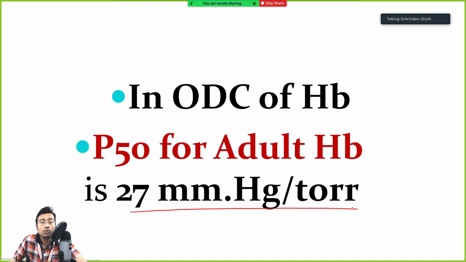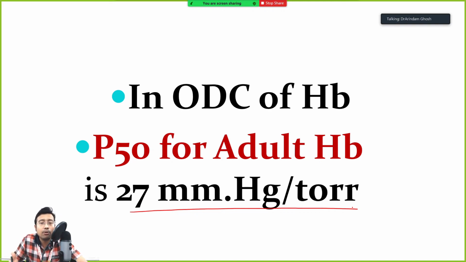Remember I told you there are many things involved. When we are calculating P50, we are looking at the oxyhemoglobin saturation, meaning hemoglobin which is occupied by 50% of oxygen. At what partial pressure is hemoglobin 50% occupied with oxygen? That is known as P50.